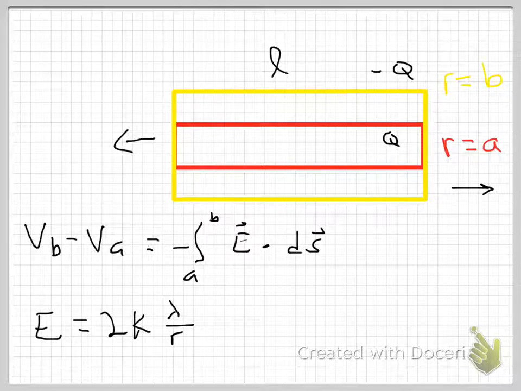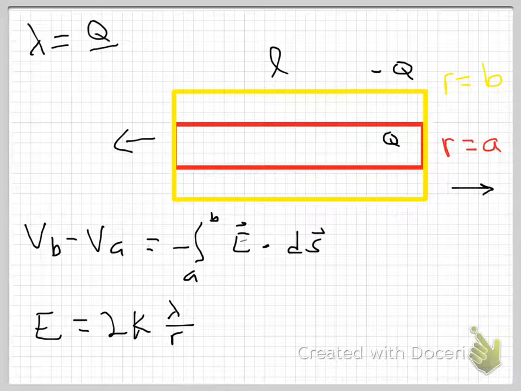I'll write it up here: lambda is Q over L. When we did this problem, we found the electric field was 1 over 2 pi epsilon naught times lambda over r, but 1 over 2 pi epsilon naught is just 2 times 1 over 4 pi epsilon naught, which is k. So I've written that as 2k.